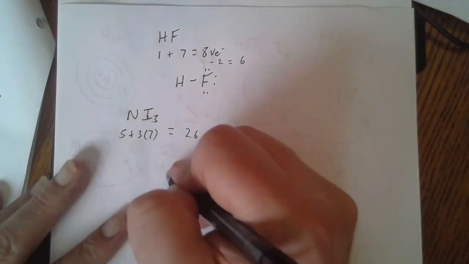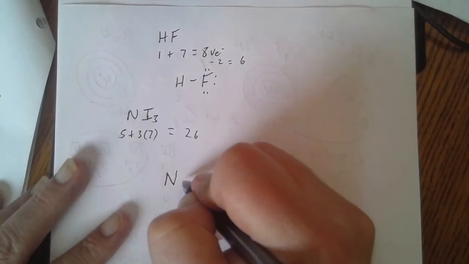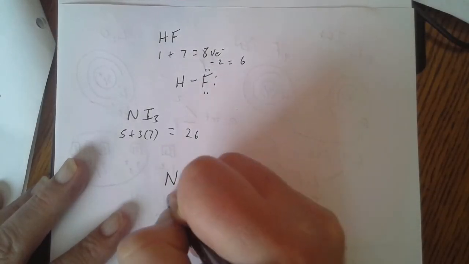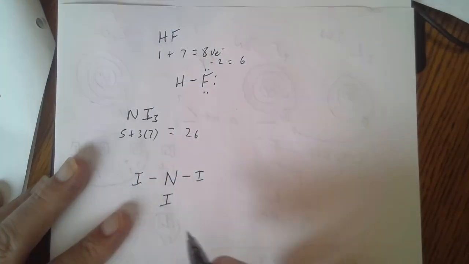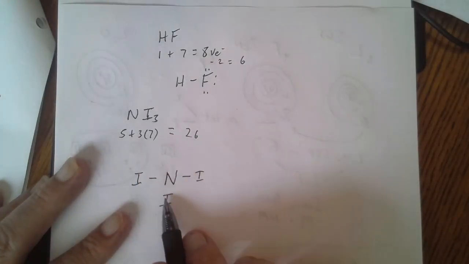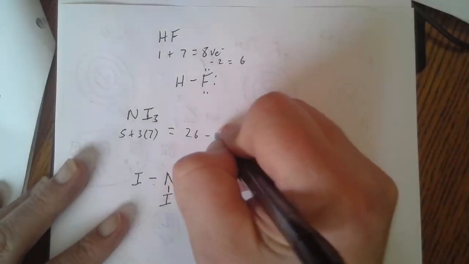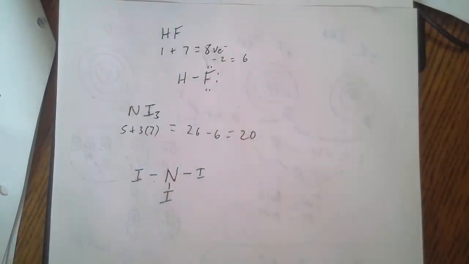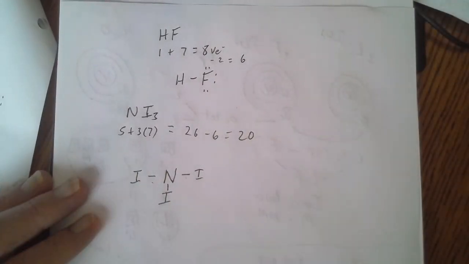It would go in the middle. Iodines all around. That's 26 minus 2, 4, 6. That's 20 electrons left to go around.